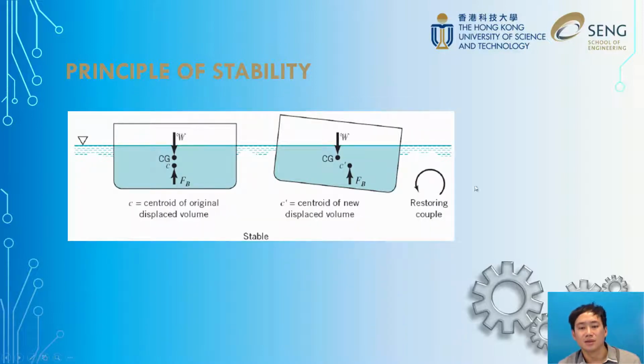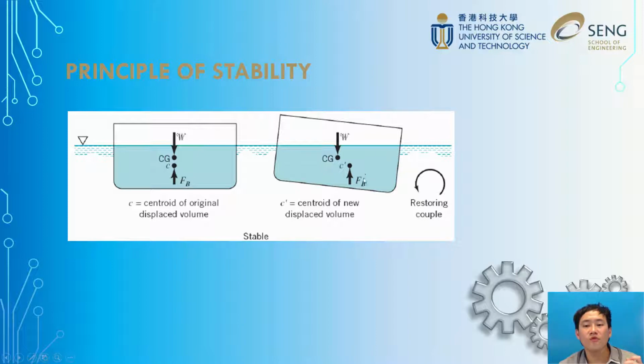But it will not create an unstable situation. The reason is when the ship or vessel sways towards one direction, the position of the center of buoyancy will also change, because it's talking about fluid displaced. So the fluid displaced is not the same when compared to the stable condition.